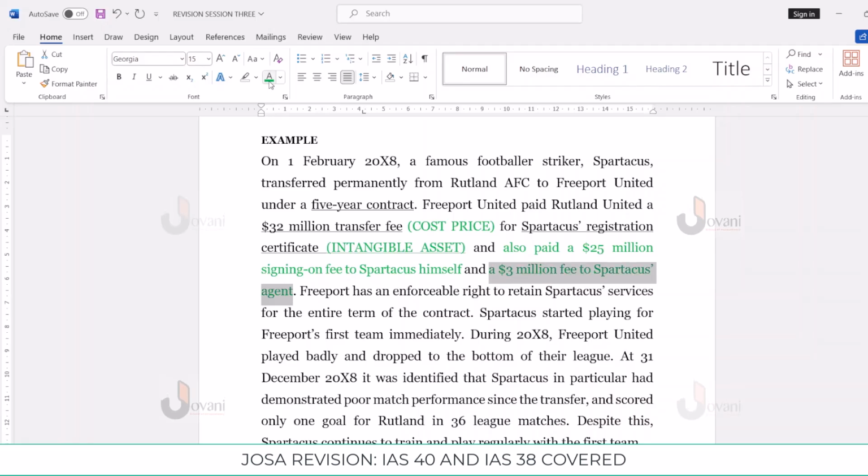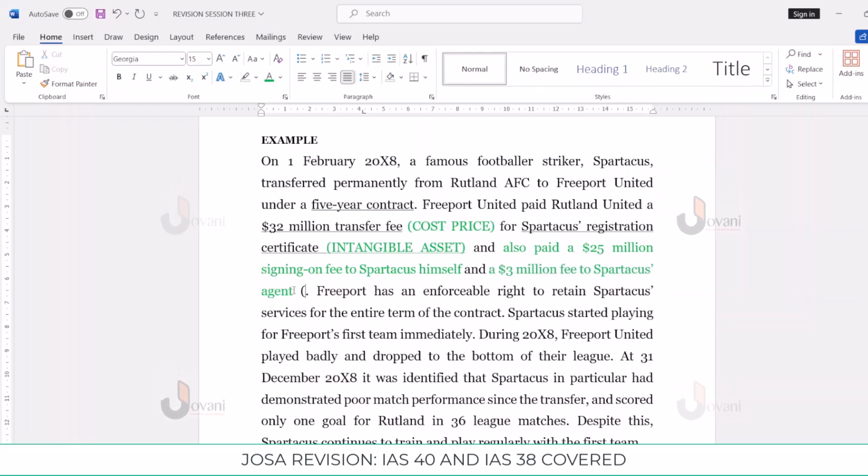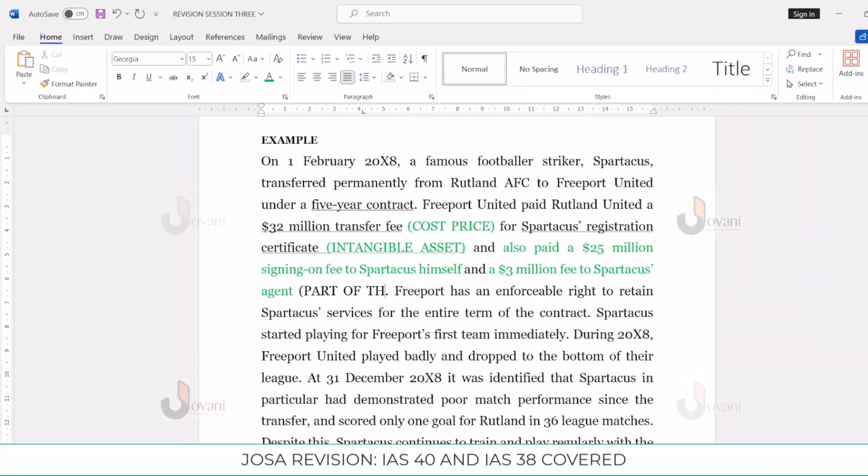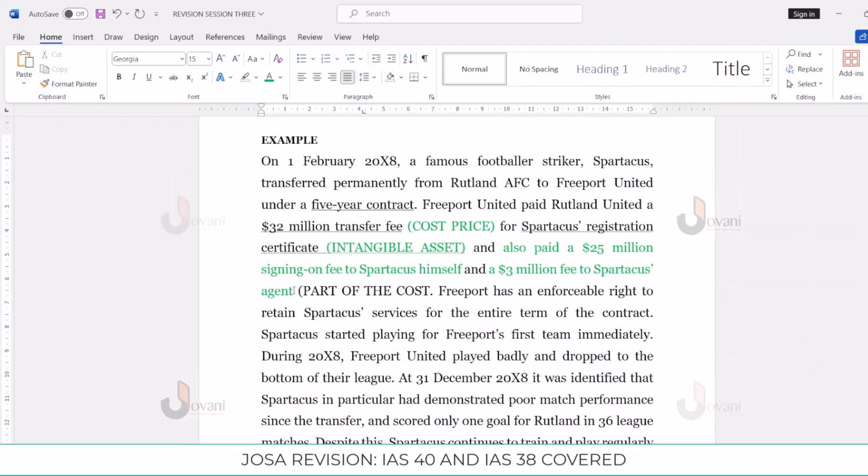That should be capitalized. So you can say bracket part of the cost.